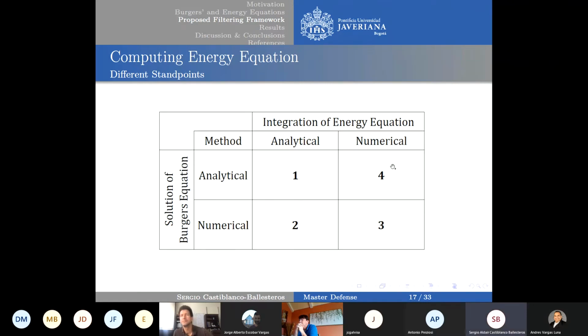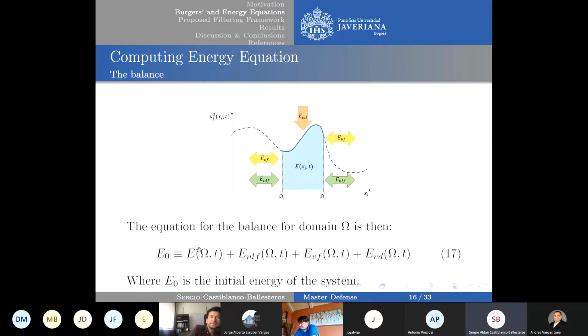The numbers here are inverse, sorry. Spot 1 implies solving everything analytically. In this case, one gets a perfect match in the balance for any viscous case and for times between 0 and the inviscid critical time. And when I say perfect match, that implies that the equality of the balance equation, this equation, holds perfectly.